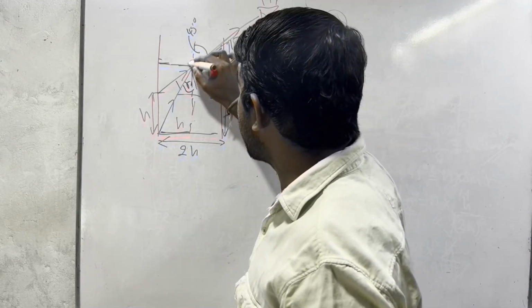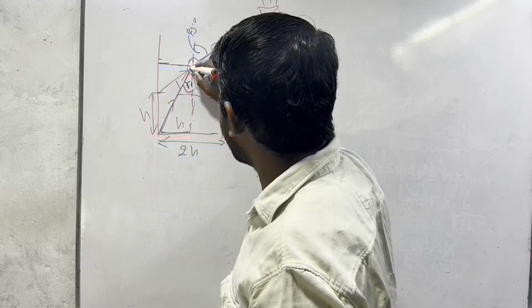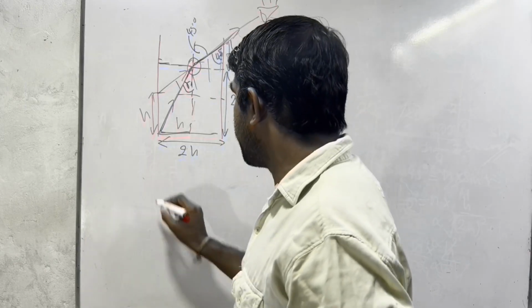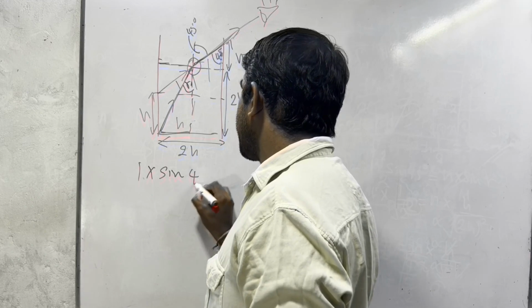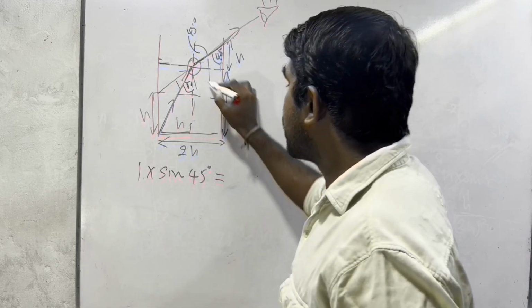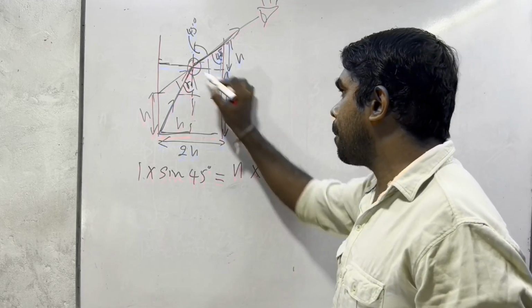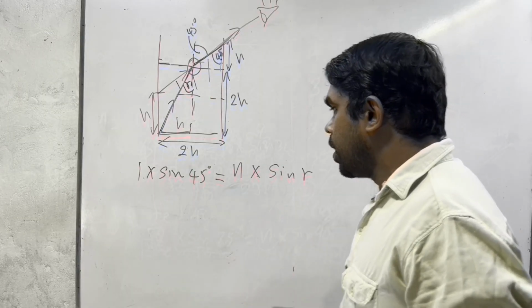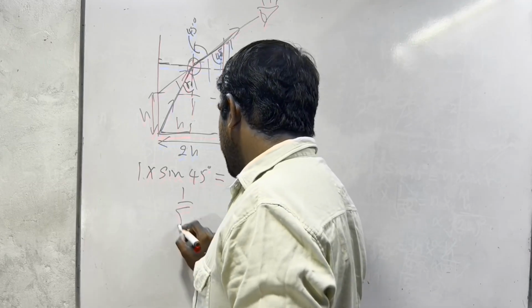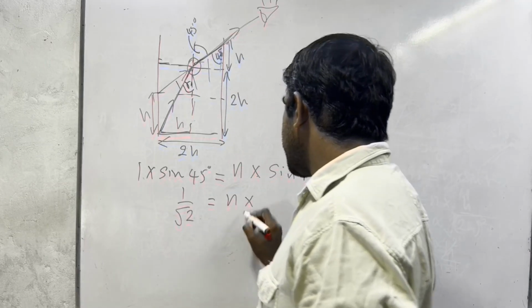We can use Snell's law for the ray passing through the liquid. 1 into sine 45 should be equal to the refractive index of the liquid into sine r. Then sine 45 is 1 over root 2, equals n into sine r.